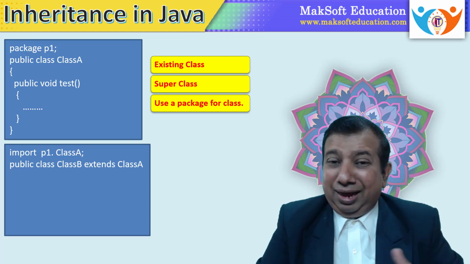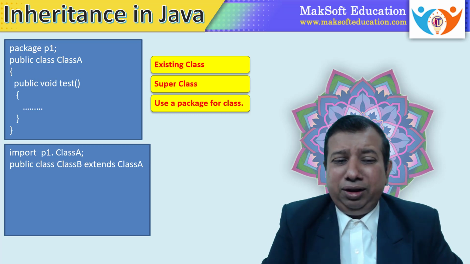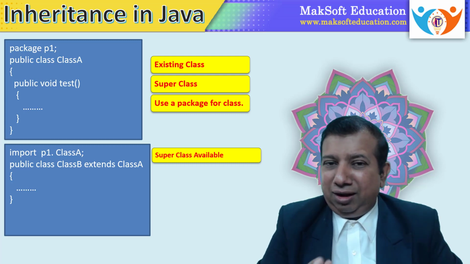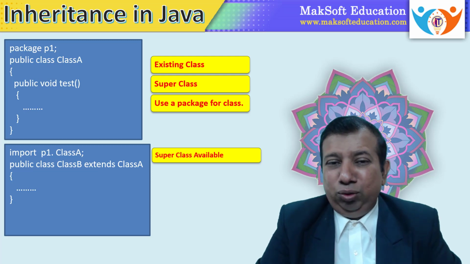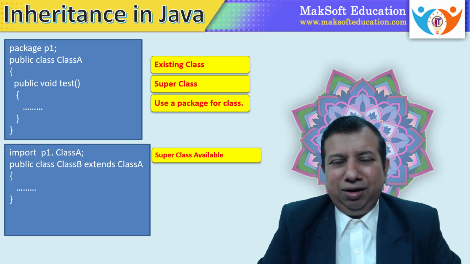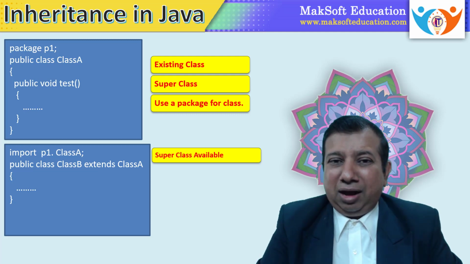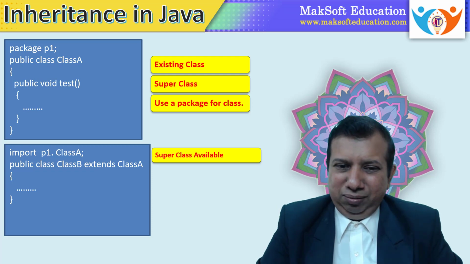So class B will be the extension of class A. And then what is the new thing that we have to add in the class? The test method can already be used by class B because it is there in the original, existing class. Suppose test2 is a new method which is expected, we can write its code. Existing methods are by default available to the subclass.